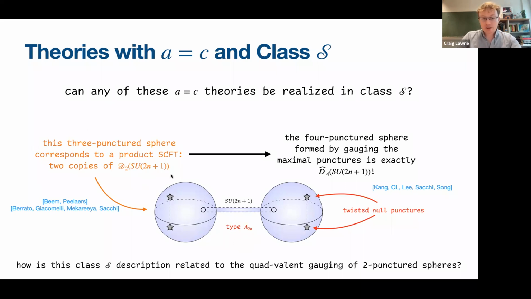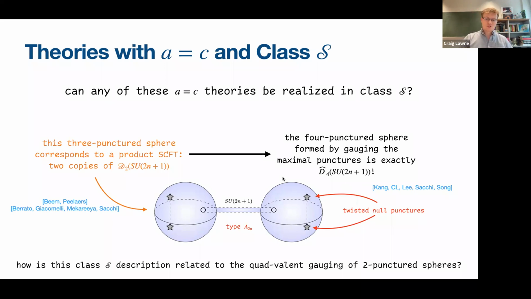And so if you gauge two of these three-punctured spheres together by an SU(2n+1) gauging, then you get something which corresponds to taking 4 copies of D2 SU(2n+1) and gauging the common SU(2n+1) flavor symmetry. This is exactly how we defined this theory D4 hat SU(2n+1). So this theory does have a description in terms of class S.